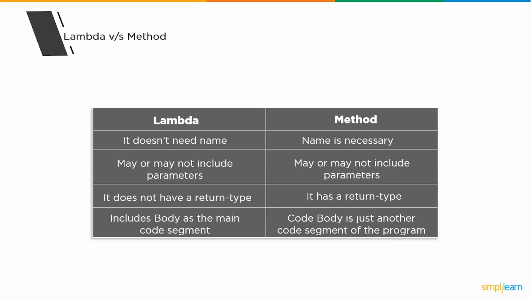We have already executed an example based on 0 parameters. The third difference is that a Lambda expression does not have to return a type, but a method specifically needs to have a return type. And the last difference is that a Lambda expression includes a body as the main code segment, whereas for a method, the code body is just another code segment of the program. So these were the major differences between a Lambda expression and a method.